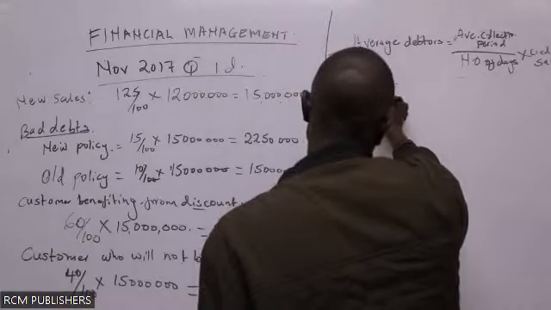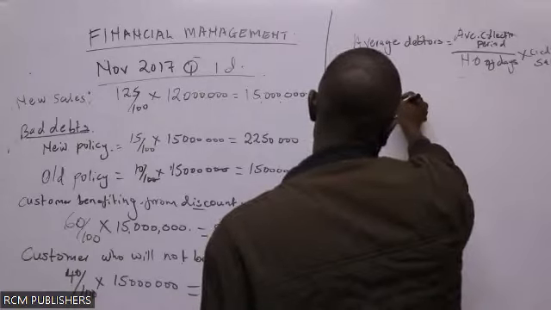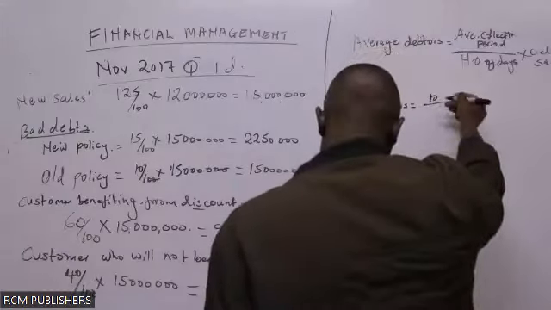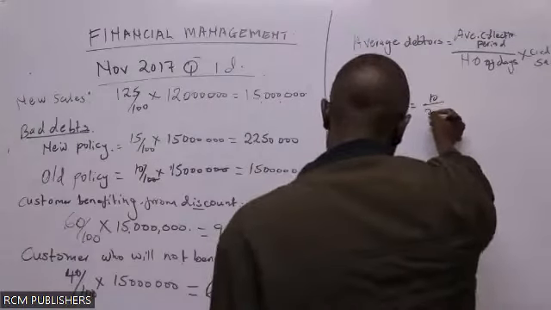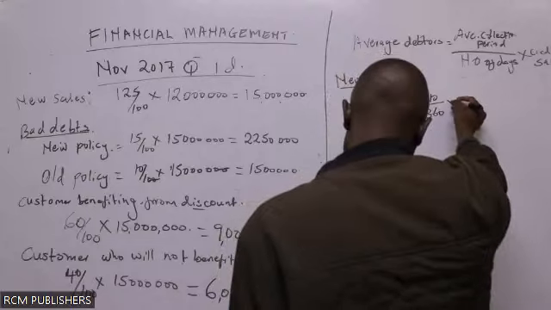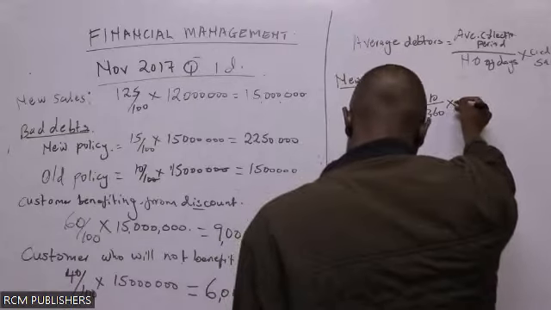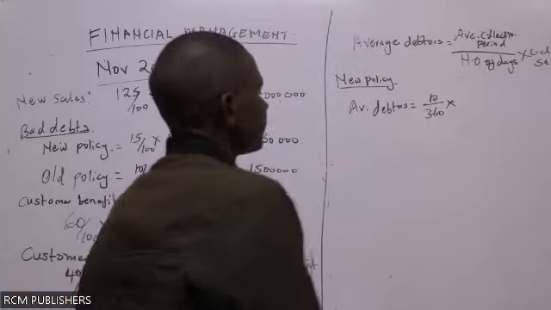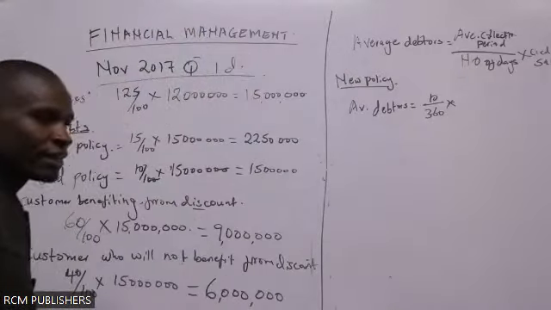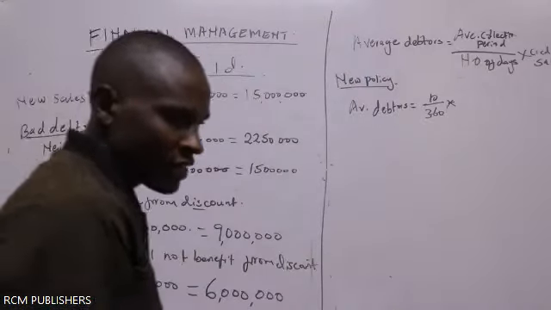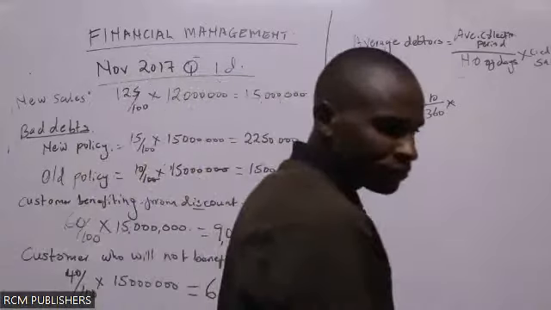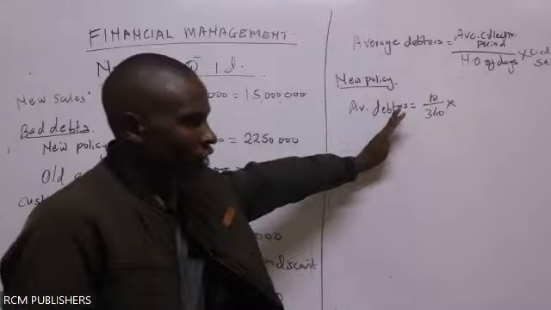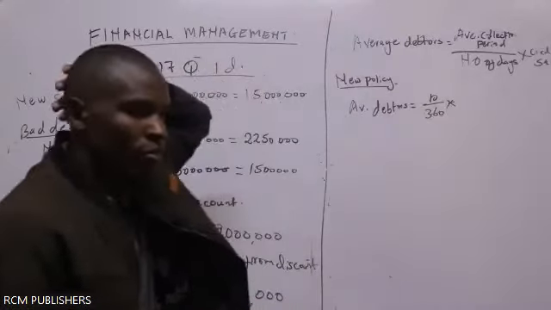So average data is equal to 10 over number of days, we were told to use 360, and then I multiply by my credit sale. Now this is where the difficulty comes in. What will be our credit sale? Richard, tell me what I will use as my credit sale.